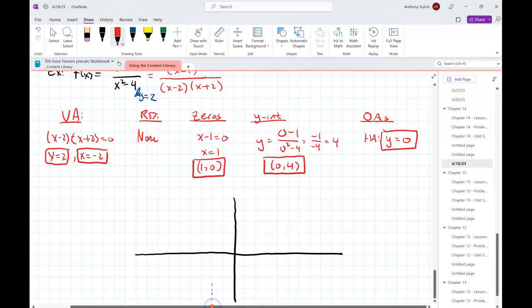So I'm going to start by drawing in my asymptotes. So there are my 2 verticals. There's my horizontal. There's my zero. There's my y-intercept.